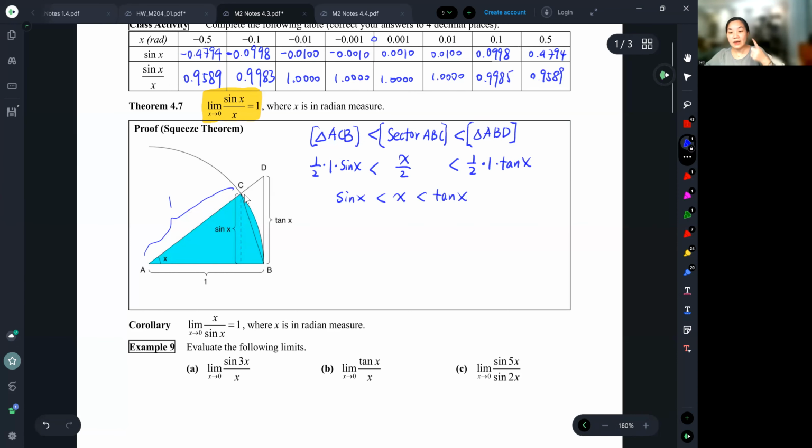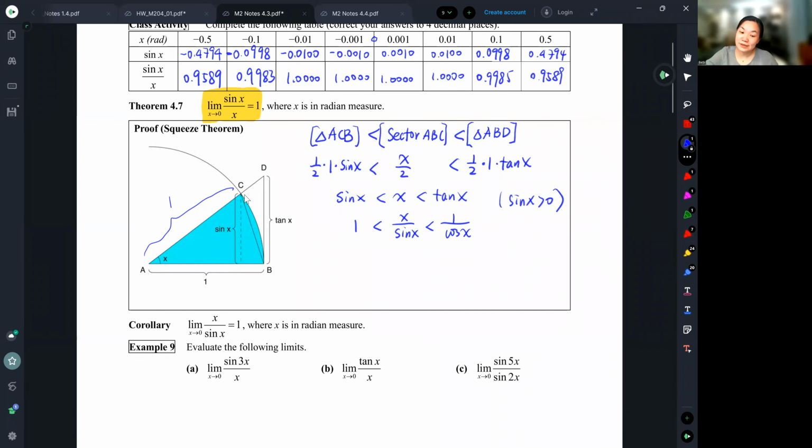Okay, and then you will divide by sine x. The reason we can divide by sine x is because we know sine x is positive in this case. Now, when we divide, we will make x small. What do I mean? I will send x to 0.